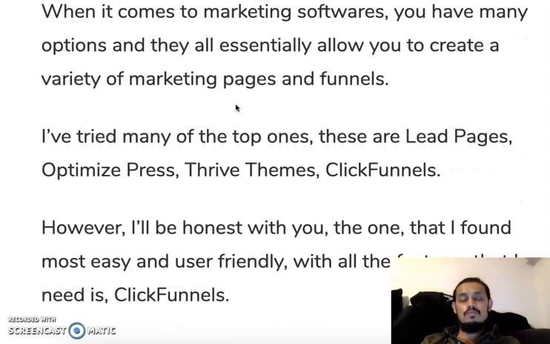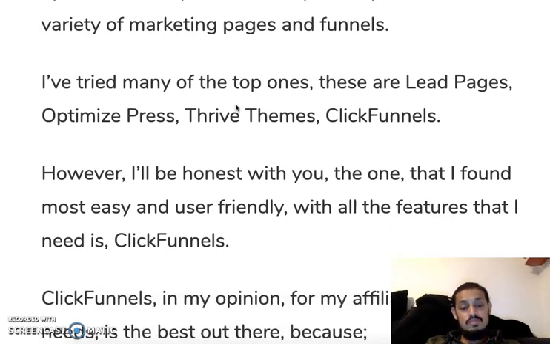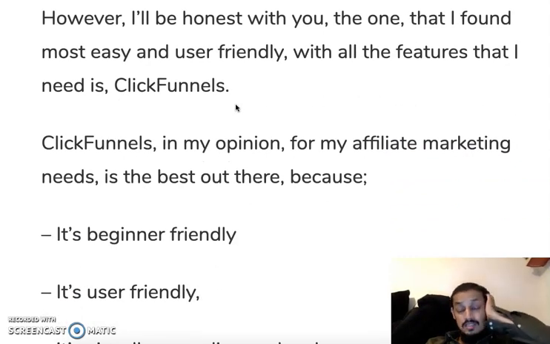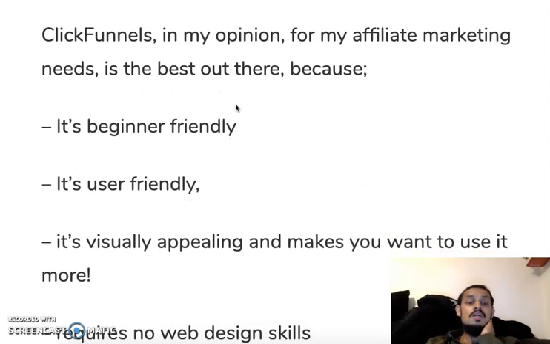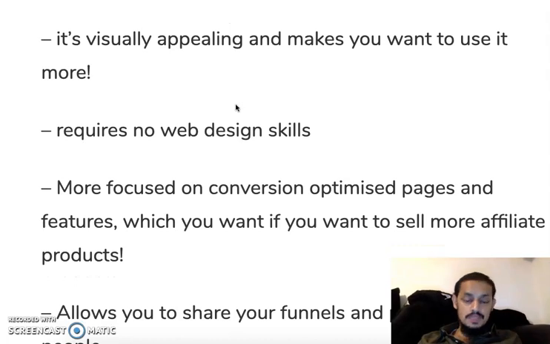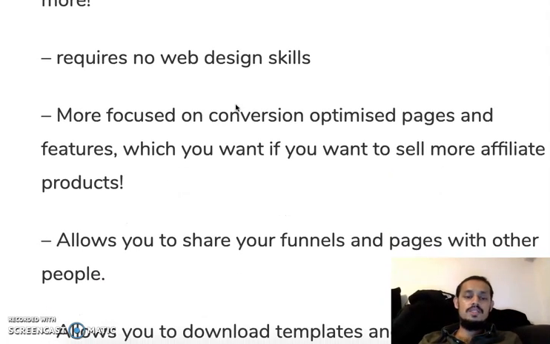So when it comes to marketing software, there's four popular ones that I know of that I've used: LeadPages, OptimizePress, 5 Themes, and ClickFunnels. Out of all the four, I prefer ClickFunnels because it's the easiest to use, beginner friendly, visually appealing, requires no web skills, and it's focused on conversion optimized pages, which you definitely want because it will help you sell more products.